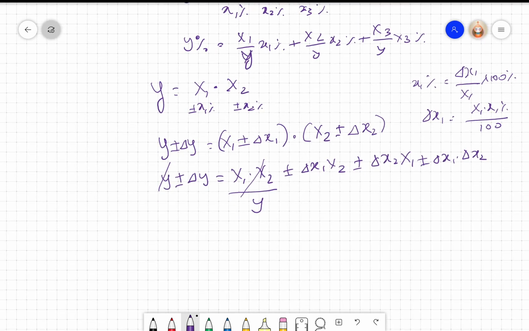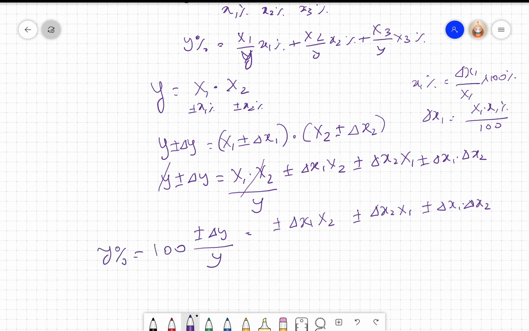So I have plus or minus delta y is equal to plus or minus delta x1 into x2 plus or minus delta x2 into x1 plus or minus delta x1 into delta x2. Now I divide by y, multiply by 100, so that will give me y percent error. So on the right hand side also I divide by y, multiply by 100, for each term.